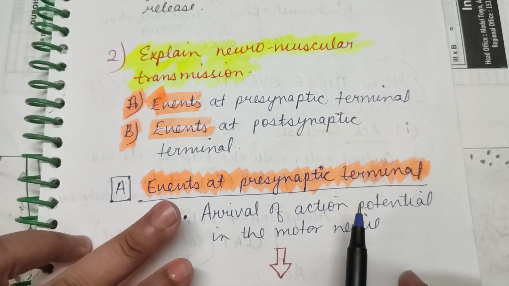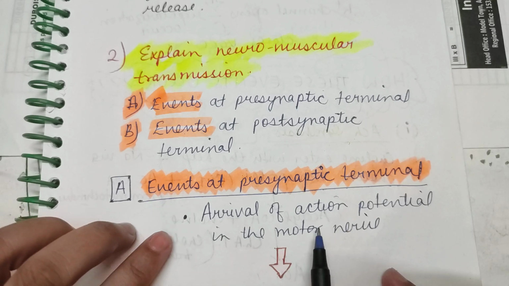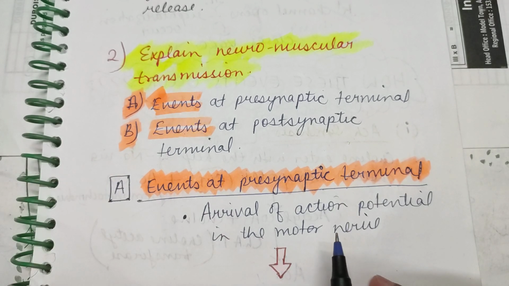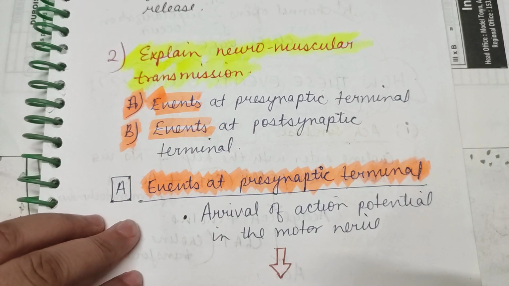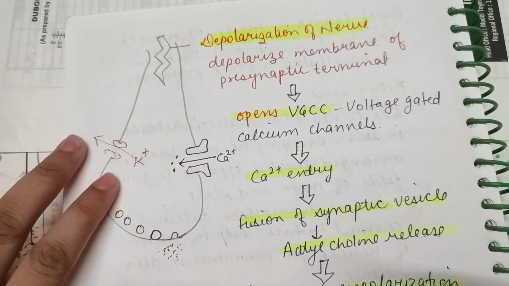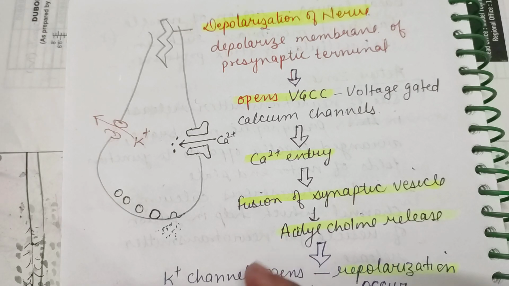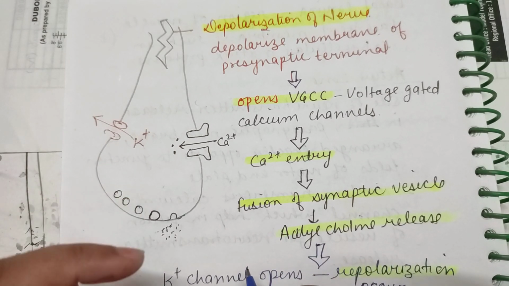So first of all, an action potential arrives in the nerve fiber, okay, because we have a motor nerve ending. So obviously that motor nerve has some impulse from our cortex or any supraspinal areas, right? Since we are talking about any motor activity here, this motor nerve is supplying skeletal muscle, right?